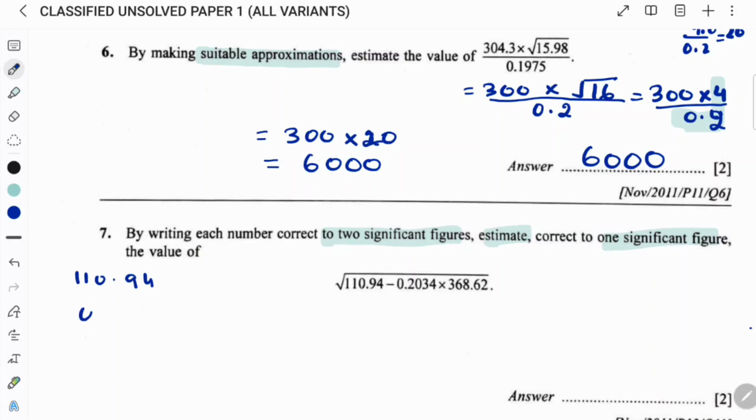110.94, 0.2034, and 368.62 corrected to two significant figures. So 110.94 will become 110.